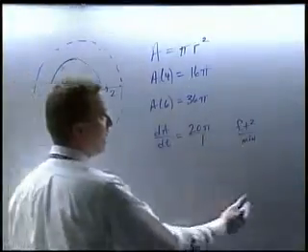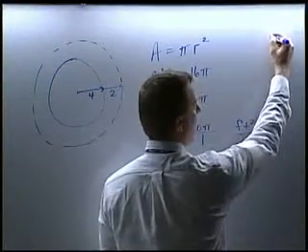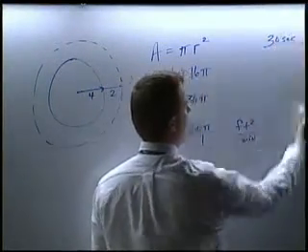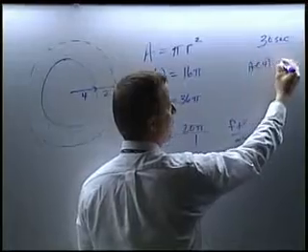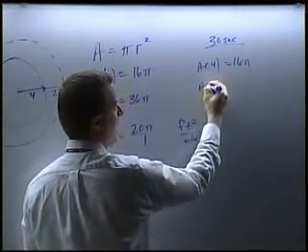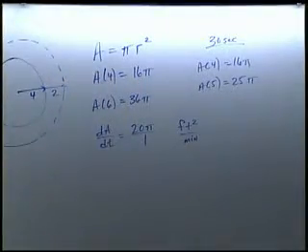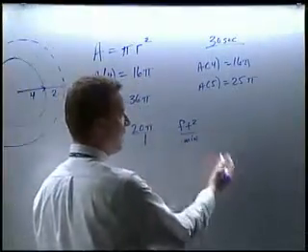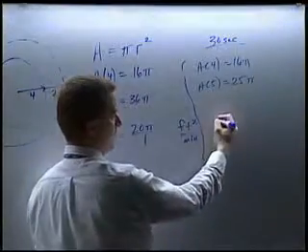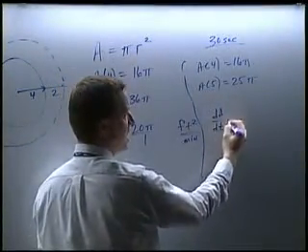So if only half of a minute goes by, 30 seconds, now we've got A of 4 is 16 pi. A of 5 is 25 pi, 5 squared times pi. So now how much is this value changing by? What's our dA/dt on this one?